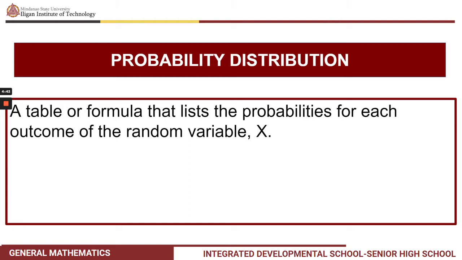So, kapag i-list mo yung outcome sa table with its corresponding probabilities, then that is a distribution, no, ng kanilang mga probabilities ng ating outcomes. So, tawag dyan is probability distribution.